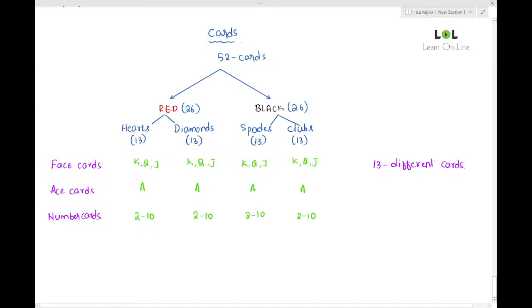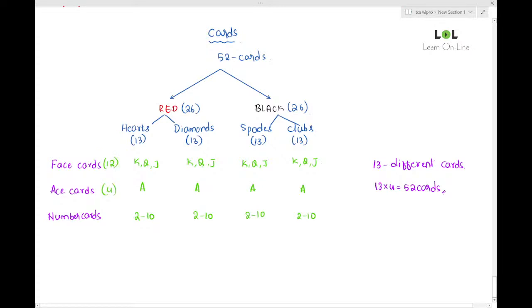Now, if you see, every card is exactly 4 in number. There are 4 kings, 4 queens, 4 jacks, 4 aces, and 4 twos, 4 threes, likewise 4 tens. So totally 13 into 4, how many cards? 52 cards are there. So how many face cards are there exactly? 3 face cards in each suit, 4 suits, 3 into 4, 12 face cards.